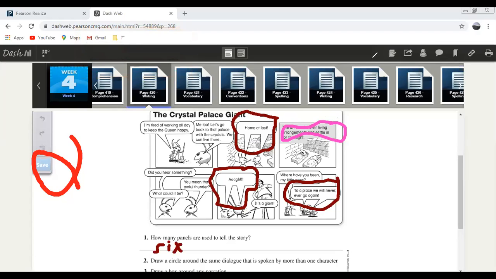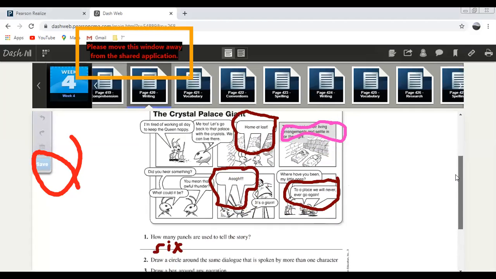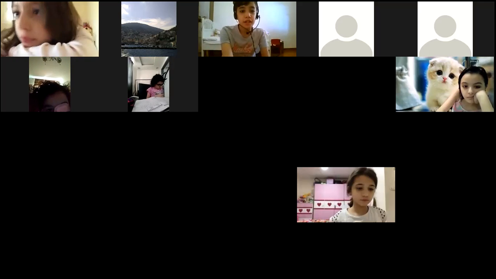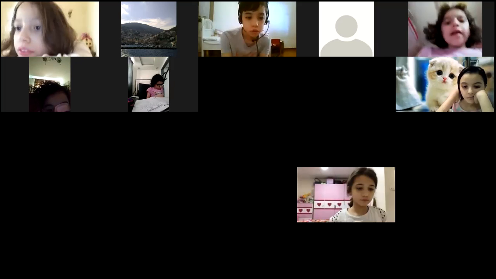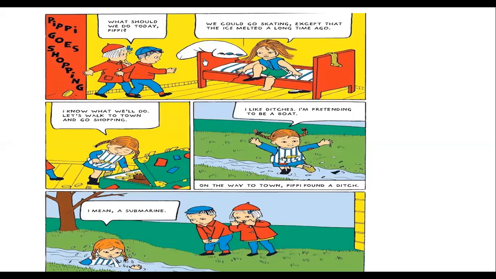Now the last question. Tell how you knew the line was narration, not a dialogue. How did we know that this line was for a narrator, not for dialogue? Tell me on the chat. How did you know that this was the narrator?